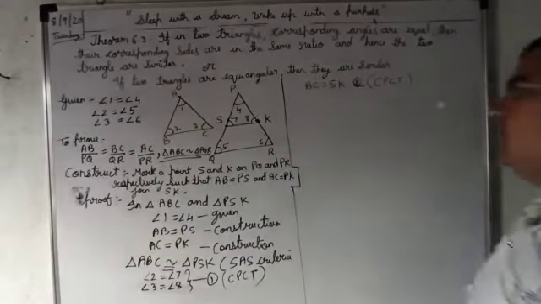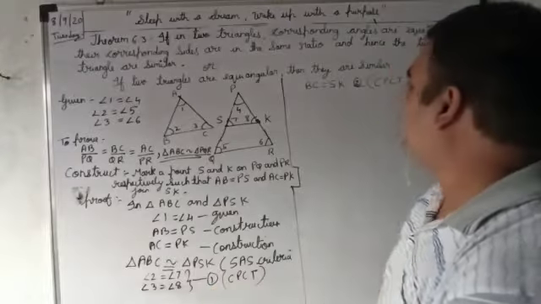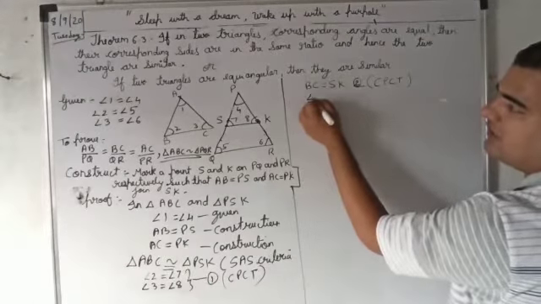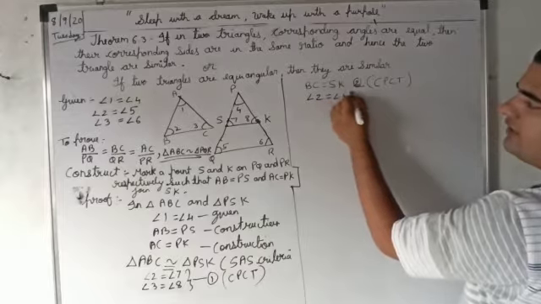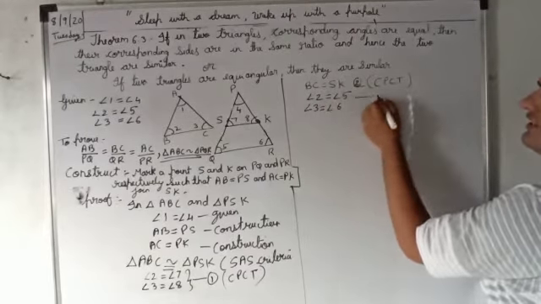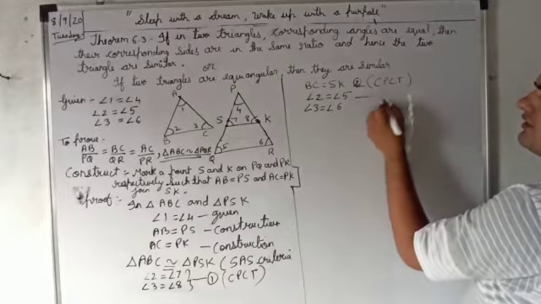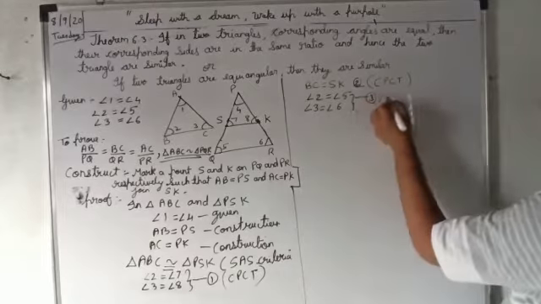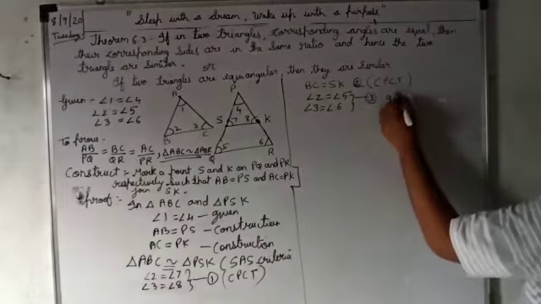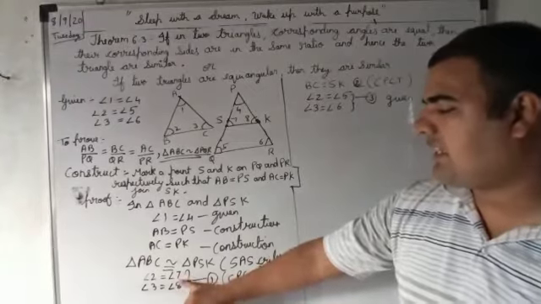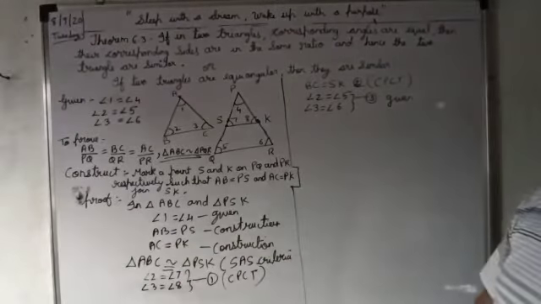Now from 1 and 2, the third one we will take is what is given: angle 2 equals angle 5, angle 3 equals angle 6. This is given, right? I will name this as 3. Now you can check angle 2 equals angle 5, and angle 2 equals angle 7. Can I say angle 7 and angle 5 are equal?